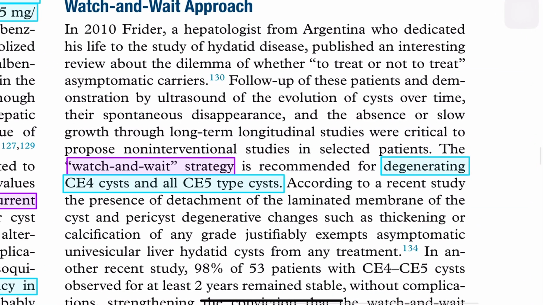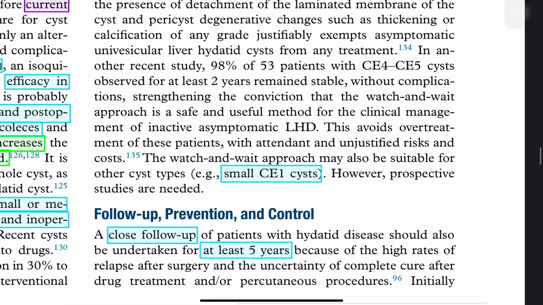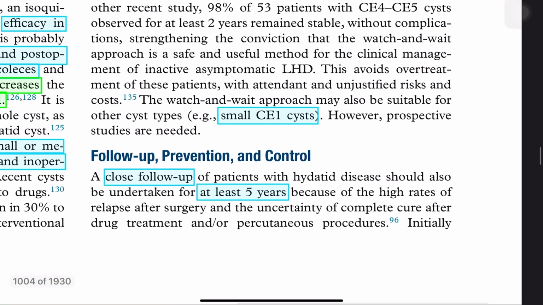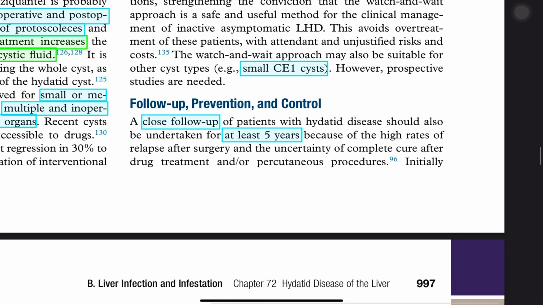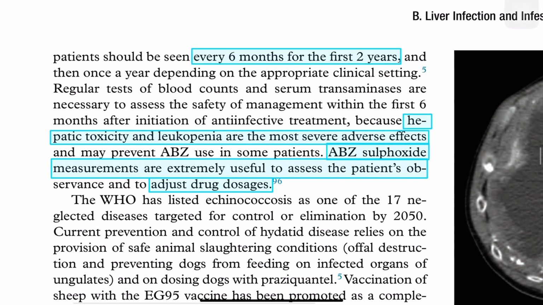A wait and watch approach should be done in degenerating CE4 and CE5 type of cyst, even in small CE cysts, that is, CE4, CE5 and small CE1. Follow up should be at least 5 years, every 6 months for the first 2 years.